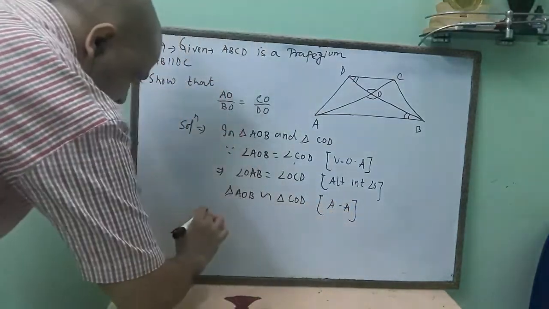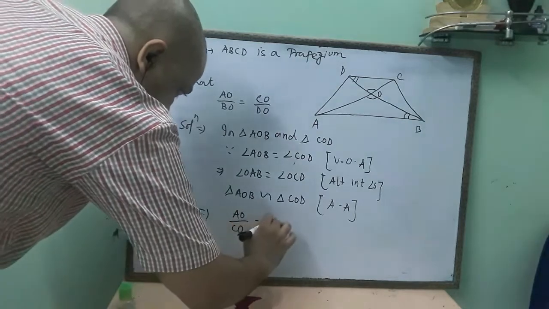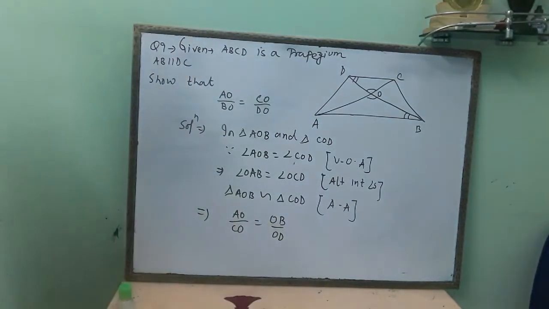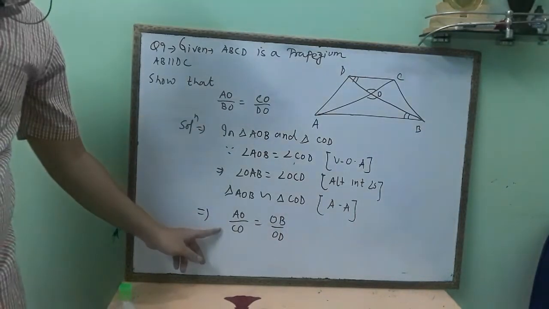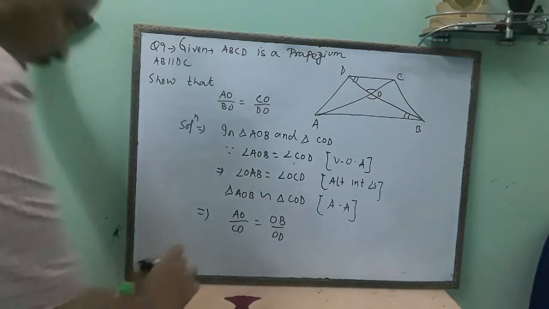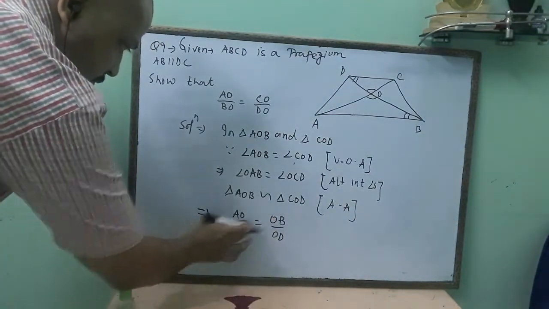Now by proportionality, AO by CO is equal to OB by OD. We have to shift OB here and OC to that side.